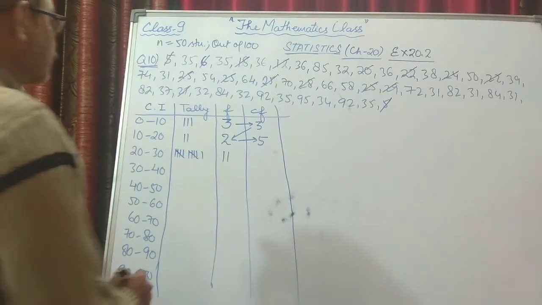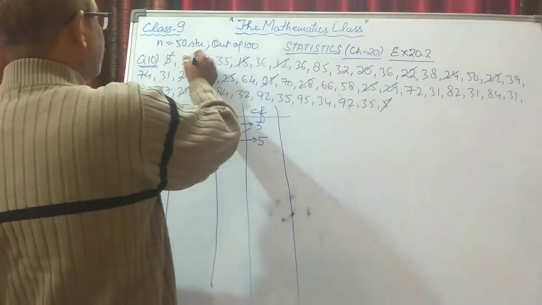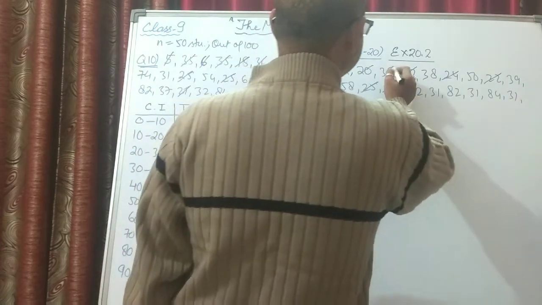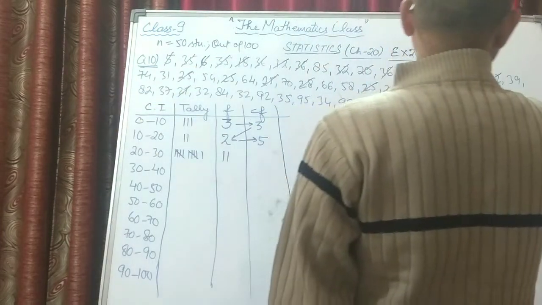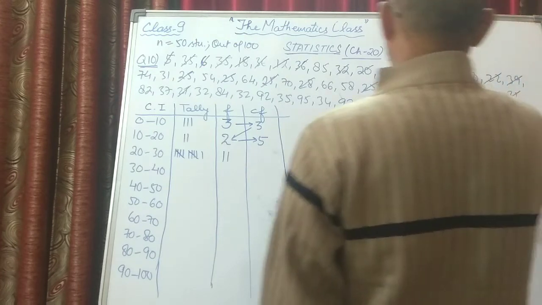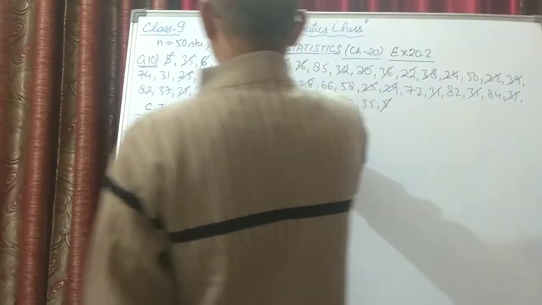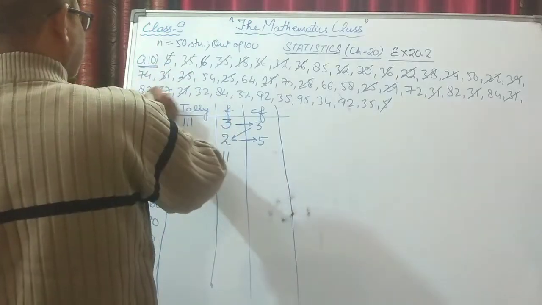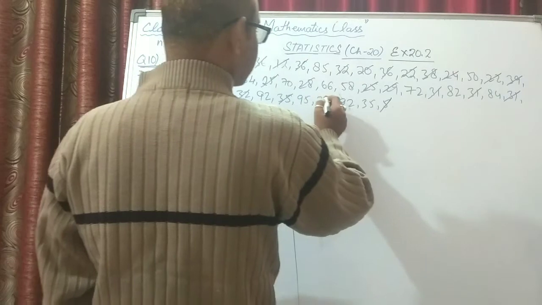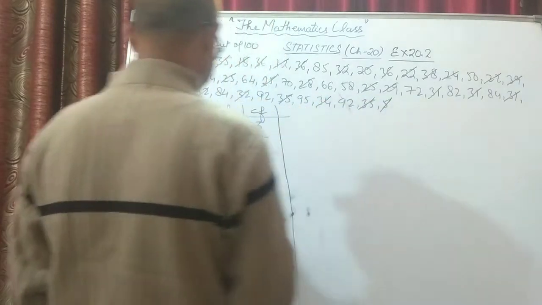Then we will check from 30 to 40. So 1, 2, 3, 4, 5, 6, 7, 8, 9, 10, 11, 12, 13, 14, 15, 16, 17 and 18.